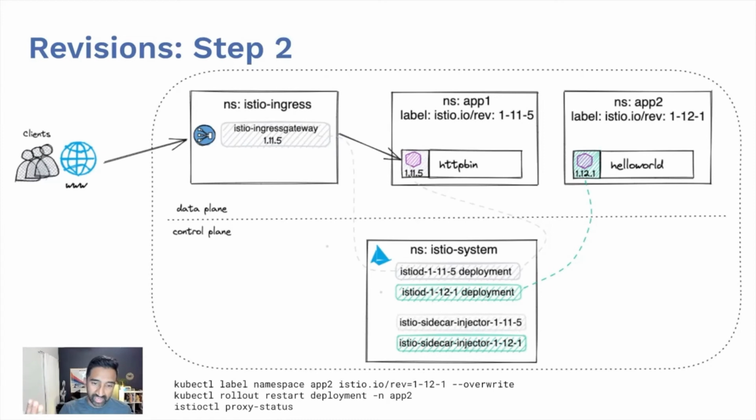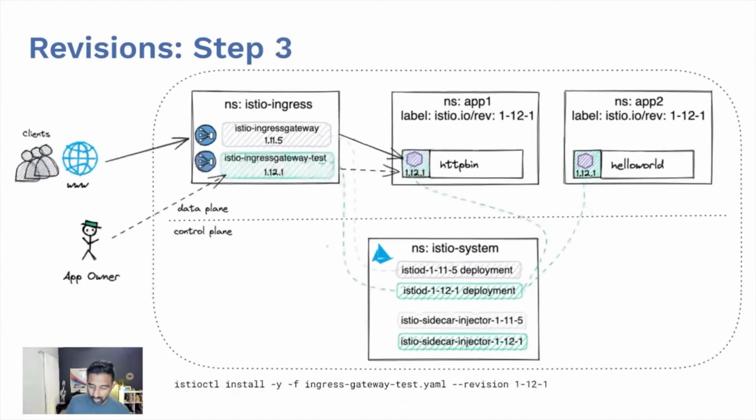If you run the proxy status command, you can see which workloads are pointing at the old control plane and the new control plane. So this gives you the ability to test the new control plane with a subset of your namespaces. If things are working well, then you do all of your namespaces, and then you switch on over to your gateways.